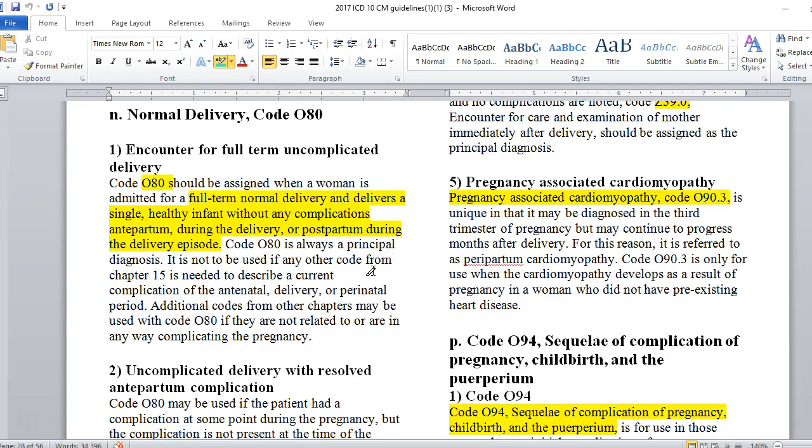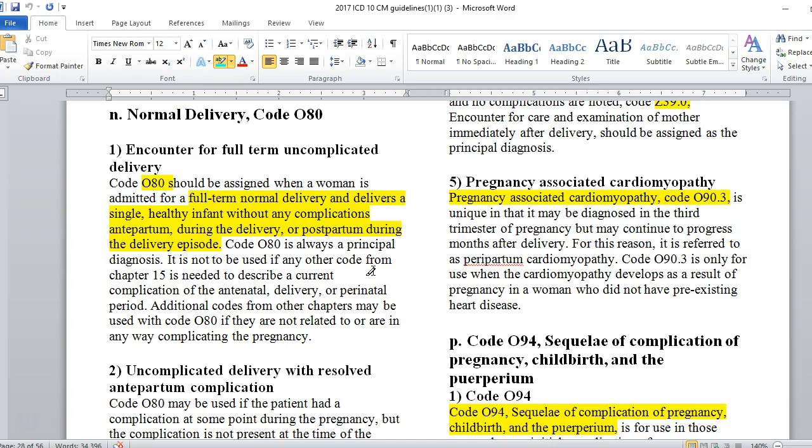Now, when it comes to delivery, code O80 should be assigned when a woman is admitted for a full-term normal delivery and delivers a single healthy infant without any complications antepartum, during the delivery, or postpartum during the delivery episode. Code O80 is always a principal diagnosis.